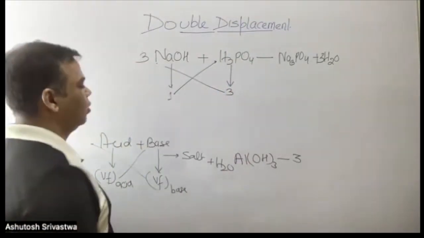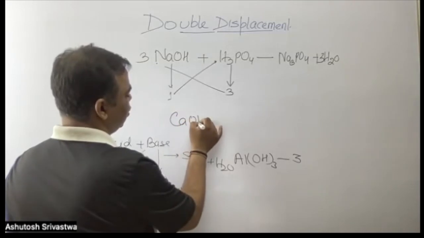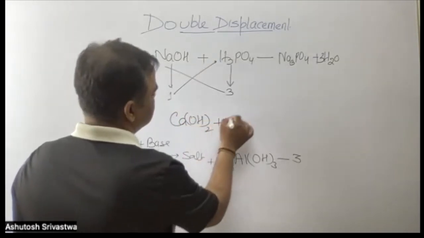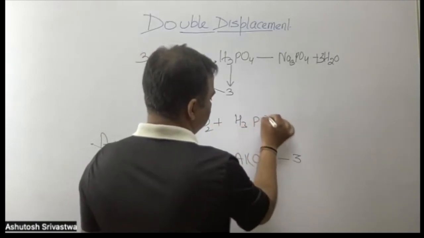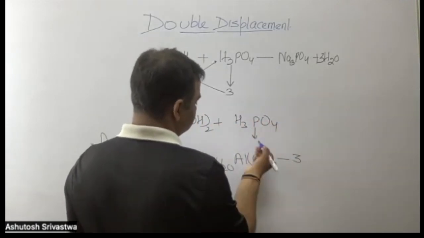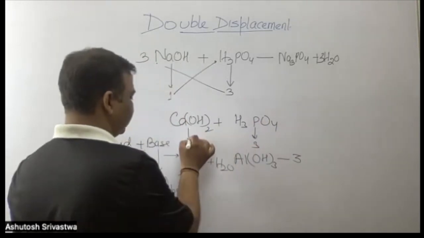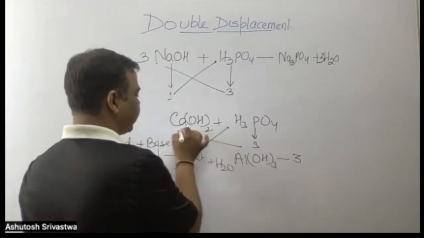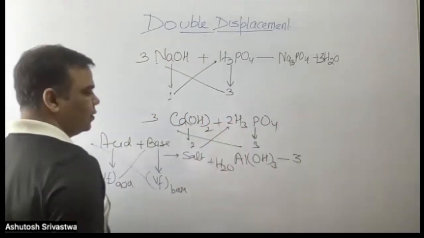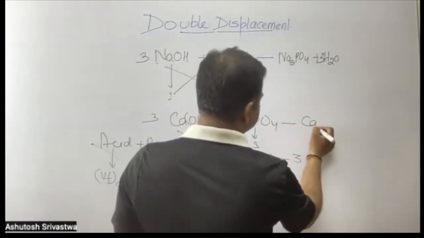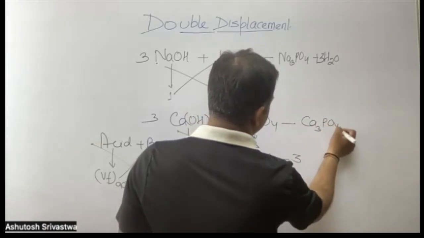Okay. Let me take one more example. Ca(OH)2 plus H3PO4 again. I know that its basicity is 3, its acidity is 2, cross multiply. So what you will get? You will get 3 times and 2 times. So this is fixed. We know that calcium phosphate is formed, Ca3(PO4)2.